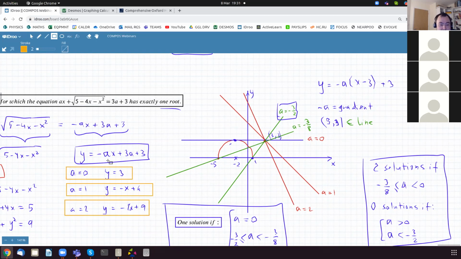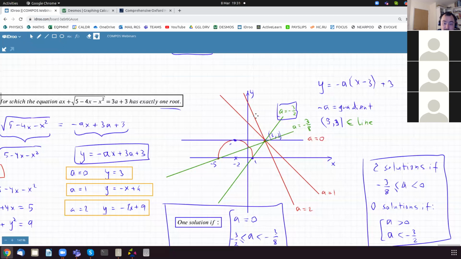And obviously a is the gradient, so that helps. So if the line goes through 3, 3 regardless, and a is the gradient, I can work with the rest. Does that make sense? So you just found 3, 3 by observation? Yes, I did it by observation.